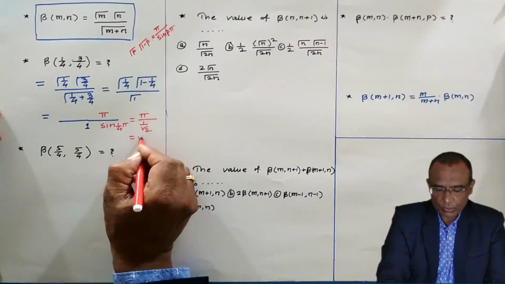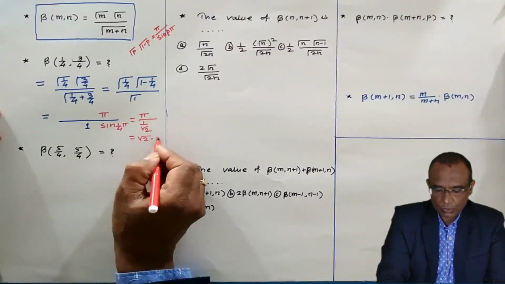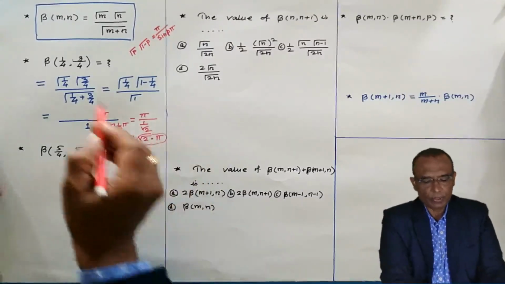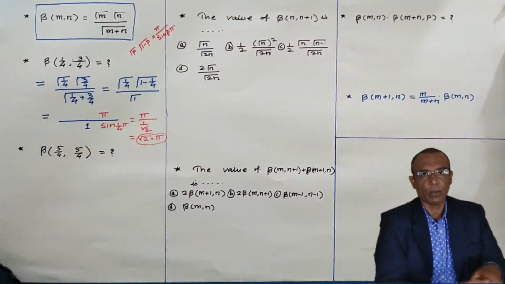Therefore, finally root 2 will jump in the numerator. So root 2 multiplied by pi is the value of this beta function.